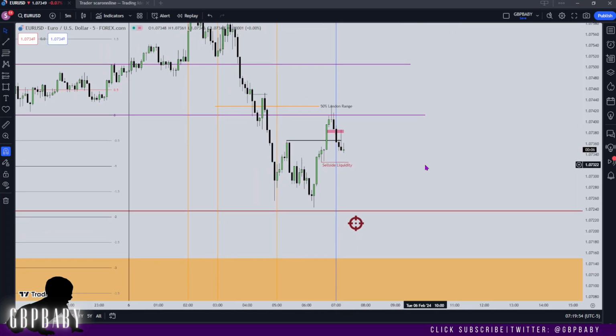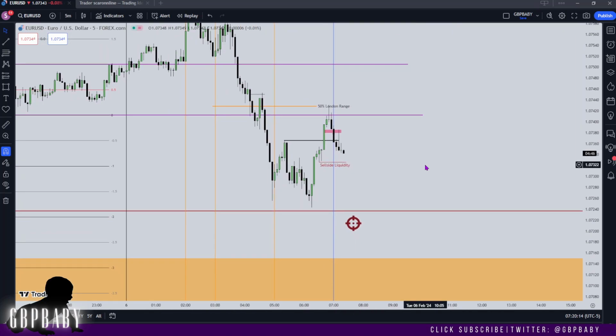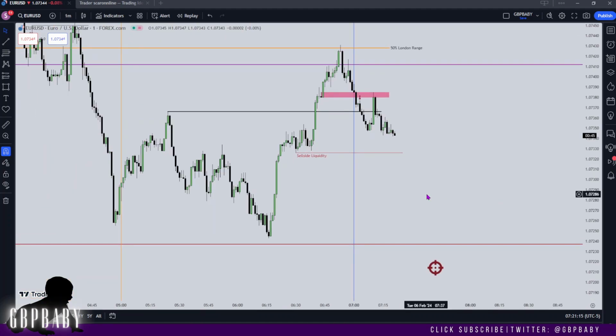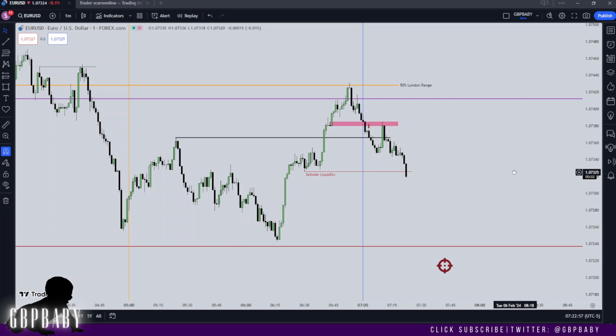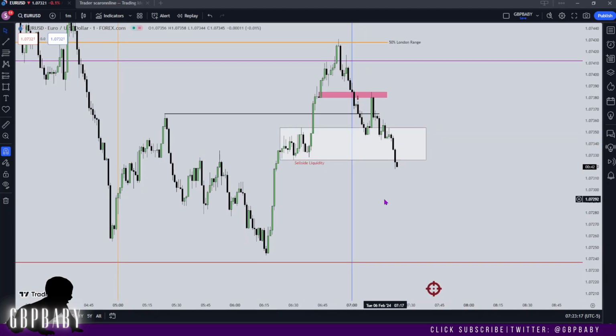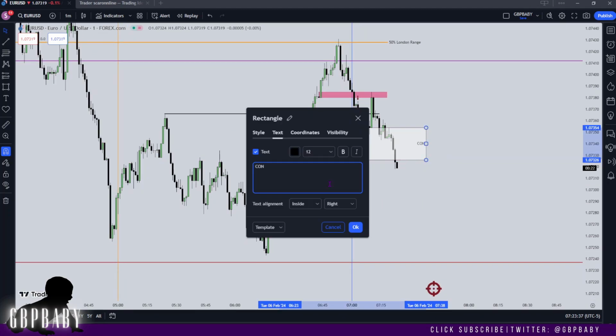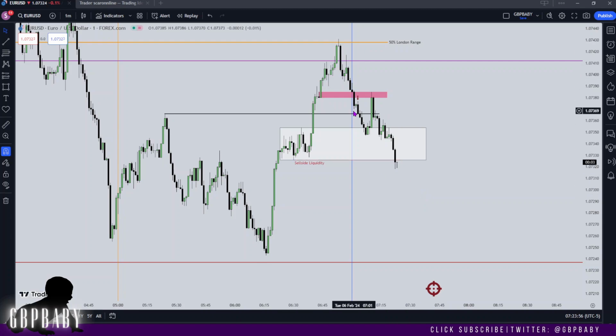So you see we're consolidating a little bit right now, and then you'll see how price does push down eventually into that south side liquidity. Beautifully. And that's me marking out that consolidation. I didn't actually type it out, but that is a consolidation, and you'll see how price treats it.